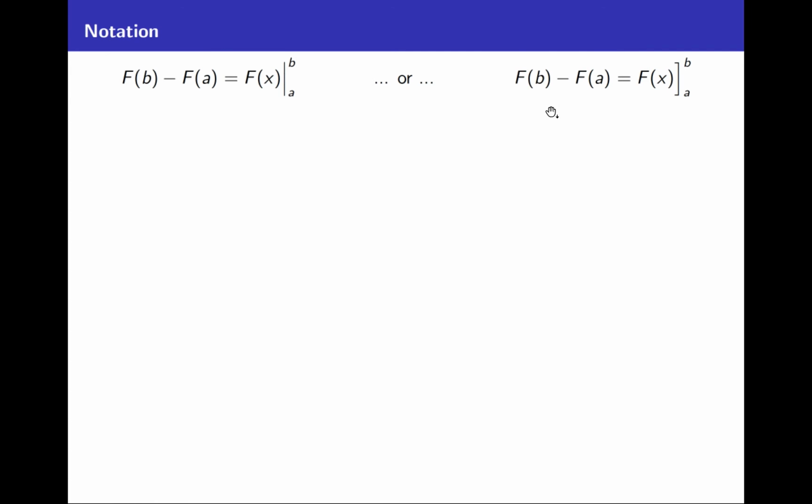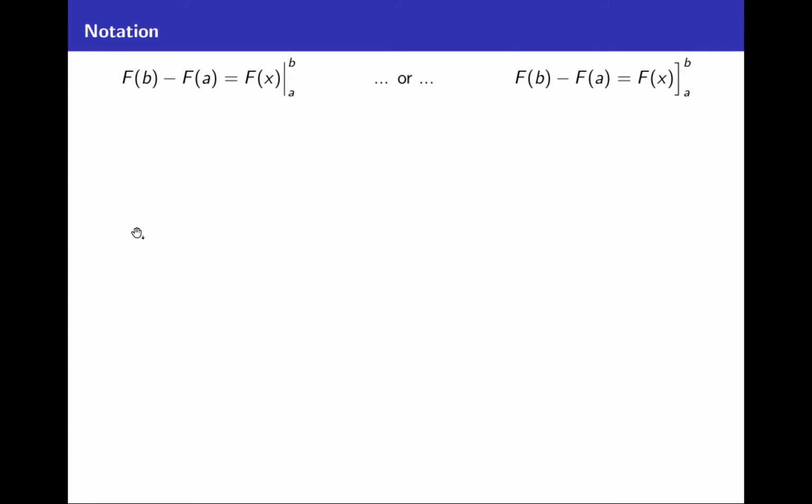Now, some texts, instead of writing that vertical bar, will have a little bracket like this, and you read that as big F of x from A to B. It's also equal to F of B minus F of A, either one. But our text is going to use this notation. I kind of like the bracket, but I like to see things balanced, so I like to enclose things in brackets.